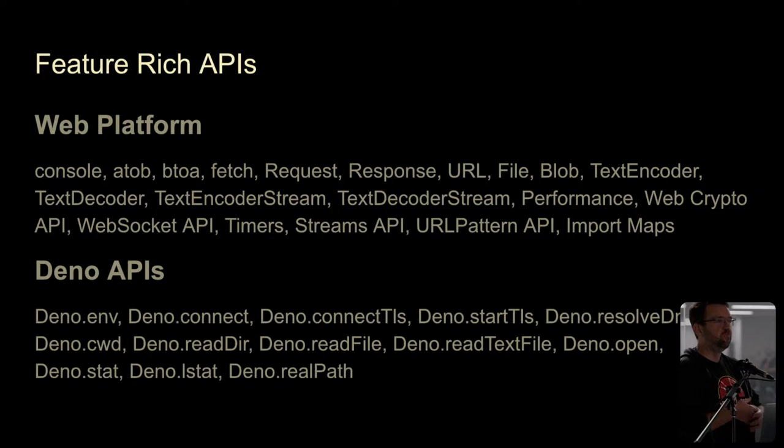And then for those things that just don't make sense for a browser standard to exist, we've had to create a number of APIs within the Deno namespace. We try to be really conservative with these and not have a huge amount of cruft in there, but there are just some things that there isn't a good web standard for. So we've got other things in there that allow some file access.